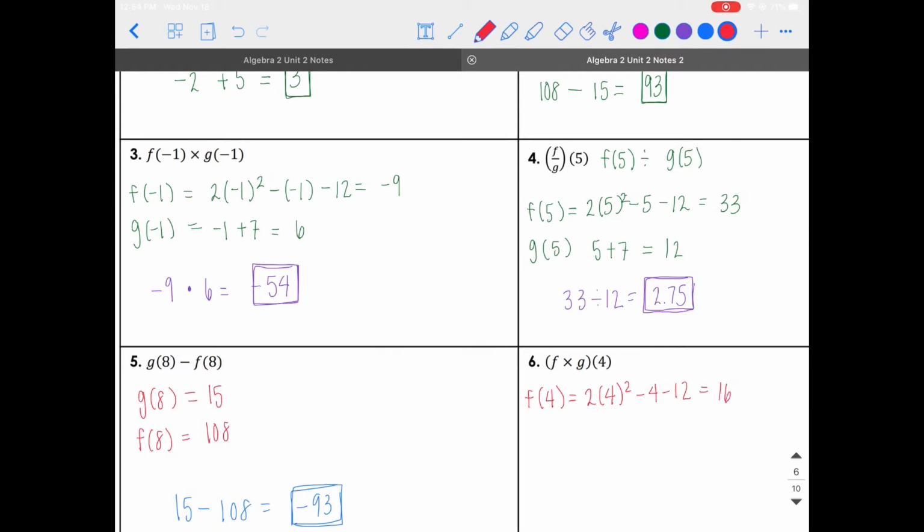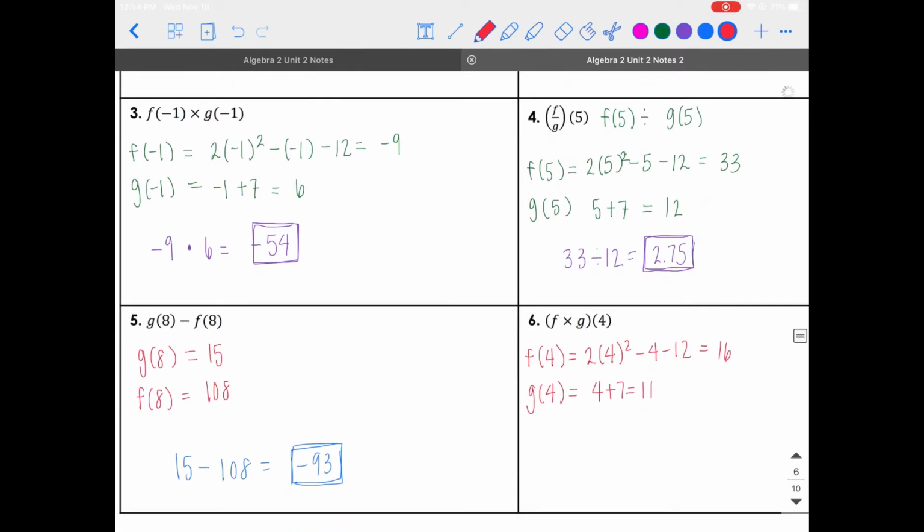We get 16. And g of 4 is 11. And we're going to do 16 times 11, which is 176, I think. Yep, 176.